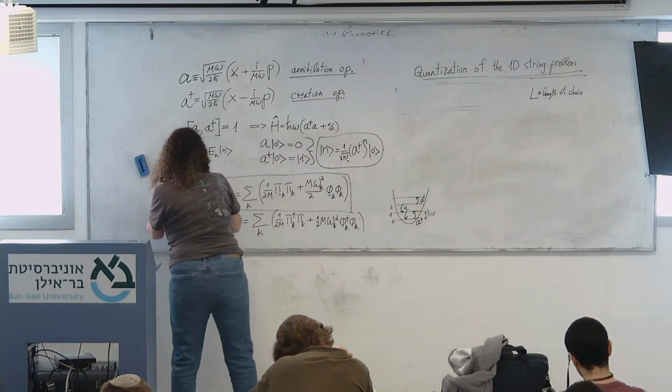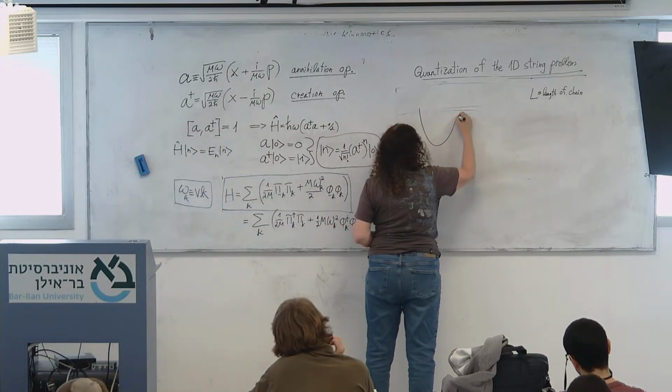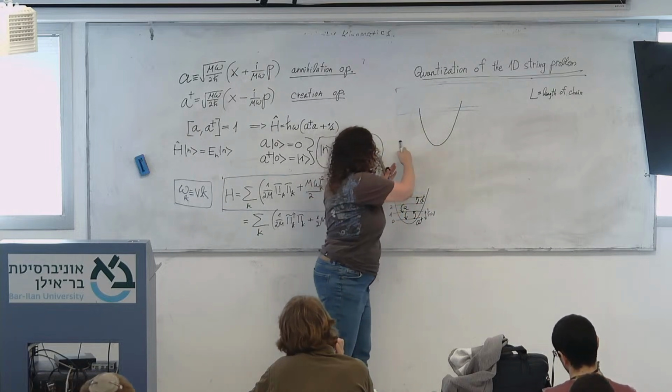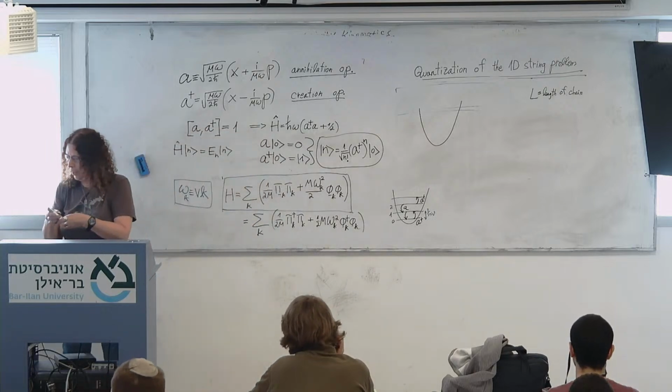One is the single particle language: we have a harmonic potential, this is the coordinate x, and we have these energy levels.